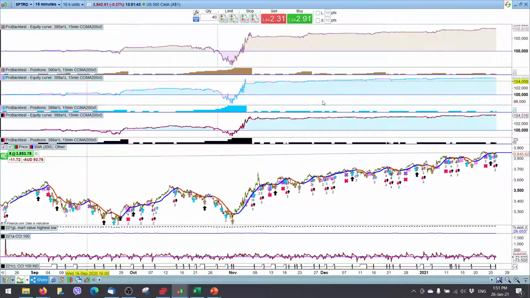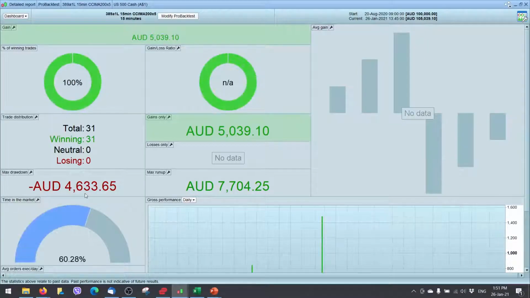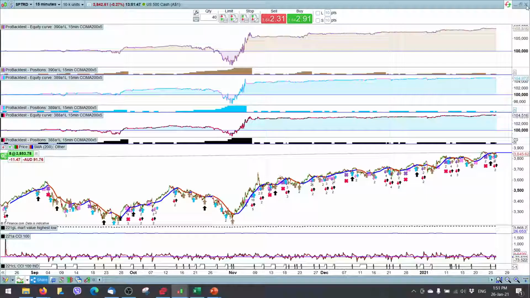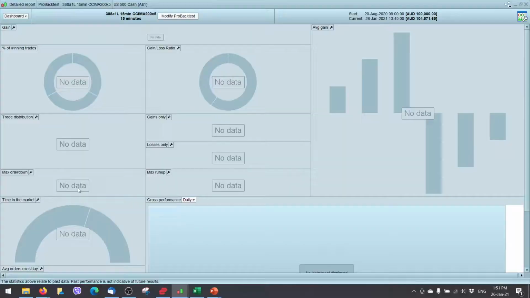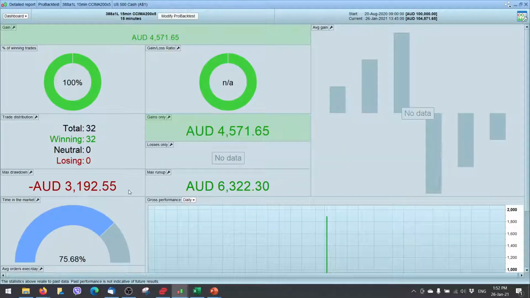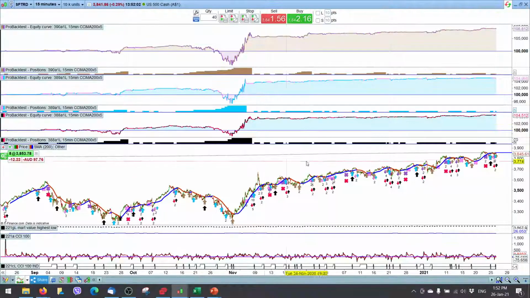This one is making 4,900, and our drawdown is 4,600. And lastly, this one's making 4,500, very similar to the second one, and this drawdown is 31.92. So what does that all mean?